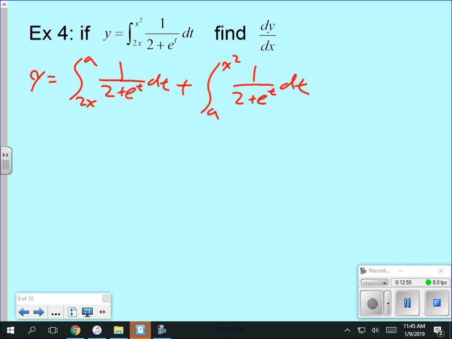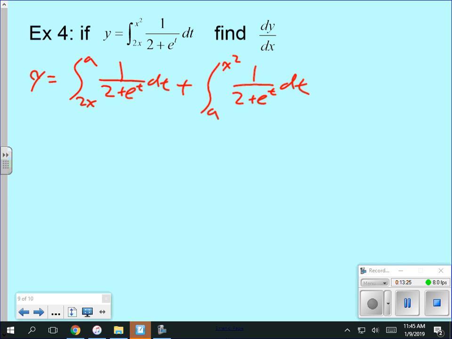I don't want to put 0 because I don't know. 0 is technically between 2x and x squared, but I know there's got to be something between them. Unless x is 0, there's something between 2x and x squared. And if x is 0, it's irrelevant. Okay? So I can split it. Now, I still have an issue. My first one, what do I need to do to this?